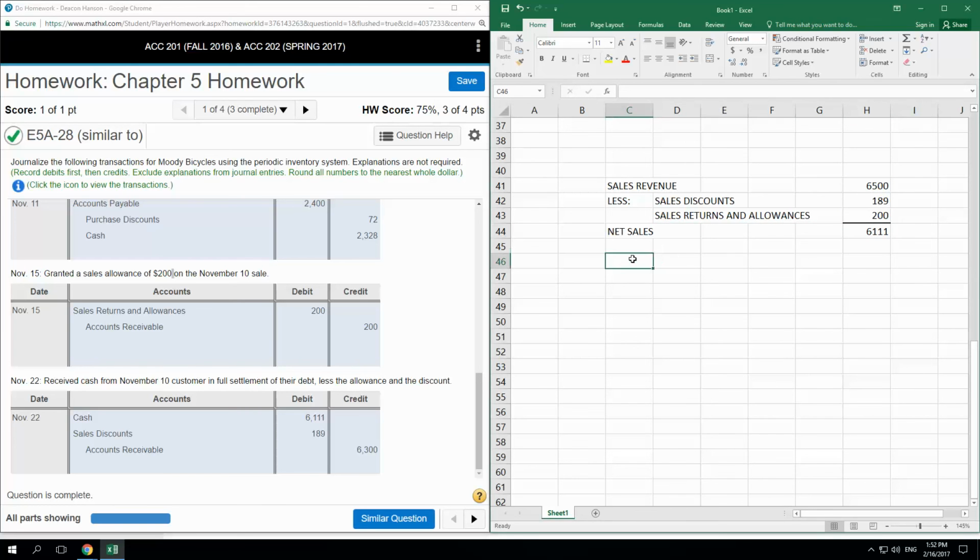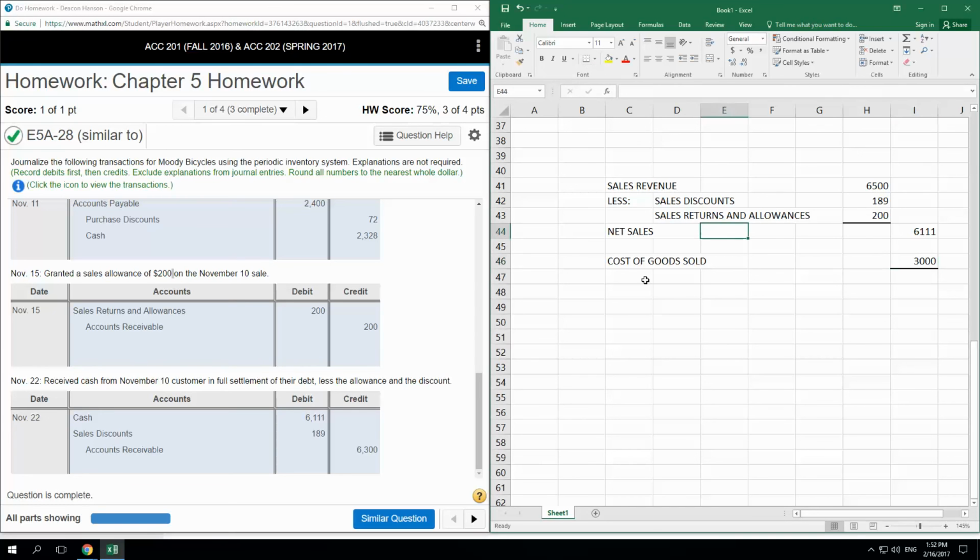And then whatever your cost of goods sold is, so maybe you have cost of goods sold, why don't we move this guy out here. You might have cost of goods sold. I'm just making that up for now, but maybe you had $3,000 in cost of goods sold.